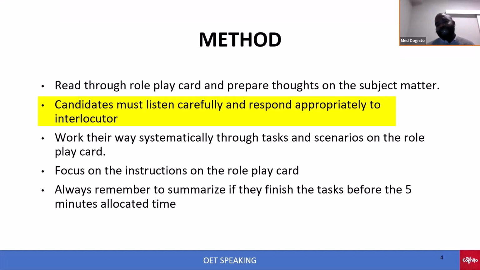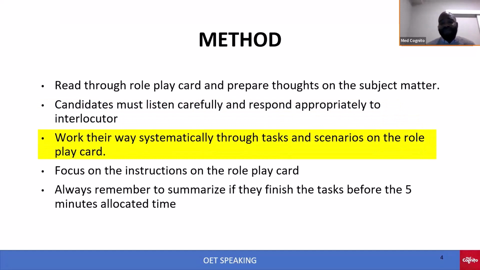So please listen carefully to how the examiner frames the questions and the points as you go back and forth with them in the conversation.